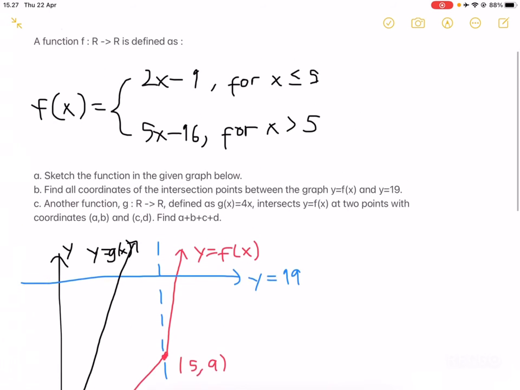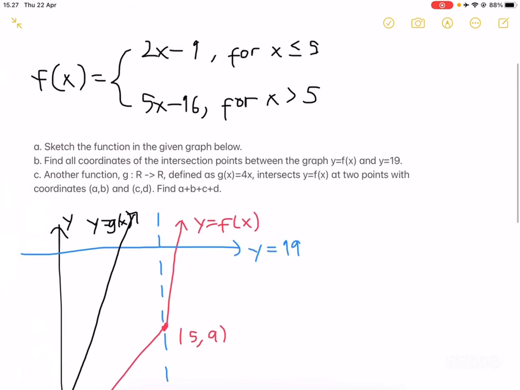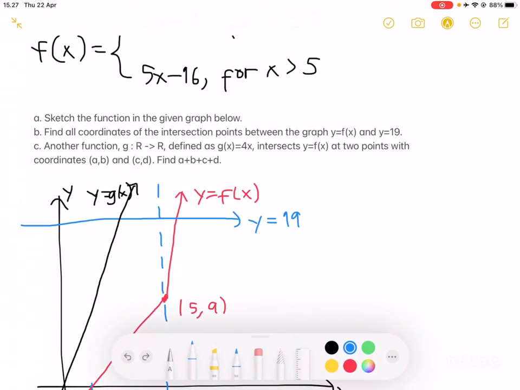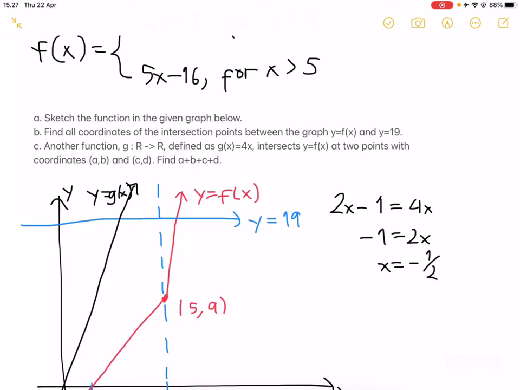So therefore we can just set f of x equal to g of x based on its piecewise definition. So first of all, we can set 2x minus 1 equal to 4x. We can subtract 2x on both sides. You get negative 1 is equal to 2x. Therefore, x equals negative 1 half.